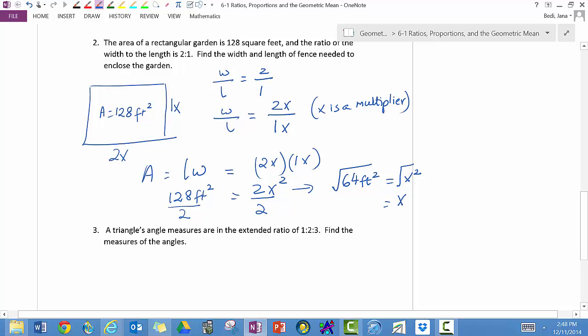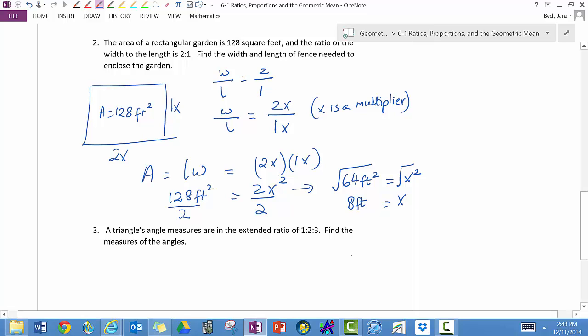In this context, negative 8 doesn't make any sense. It would be an extraneous solution. So square root of 64 is 8 and square root of feet squared is feet. Have we answered the question yet? Not quite.